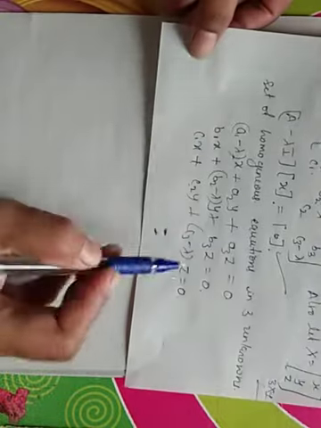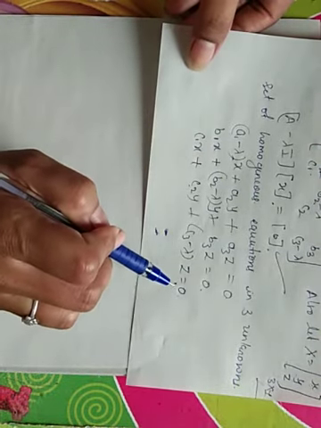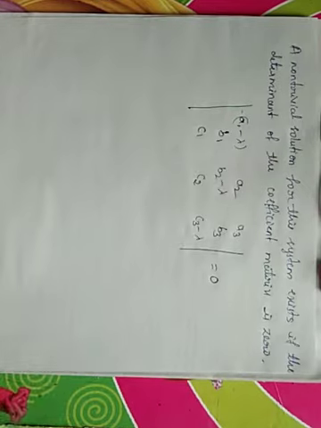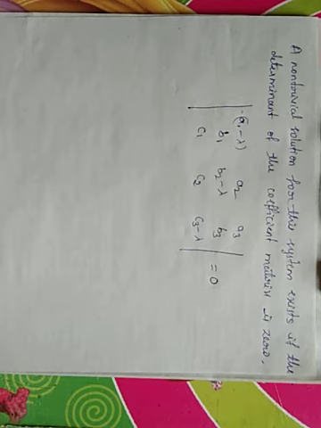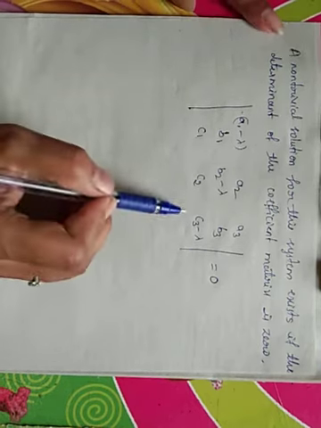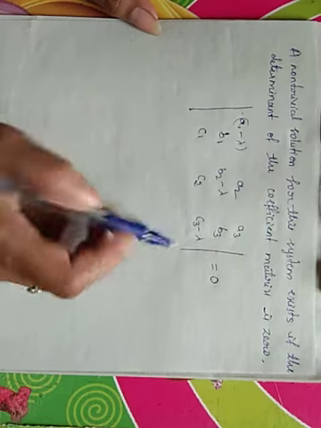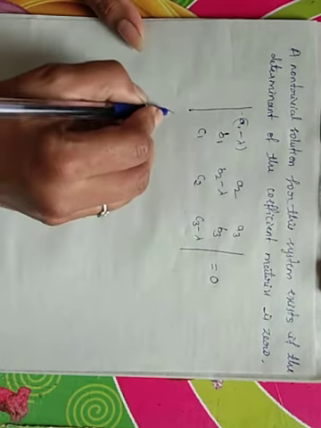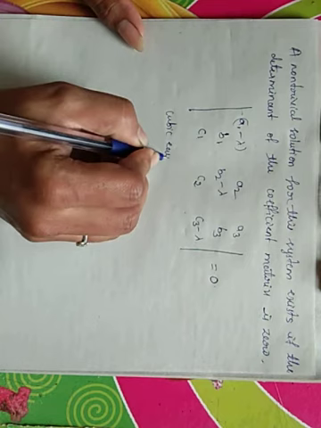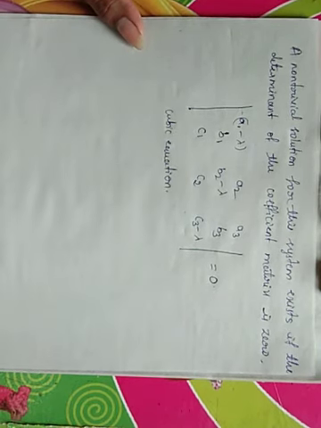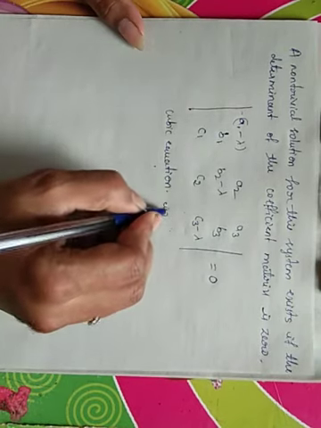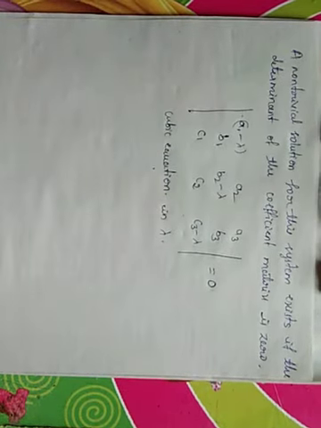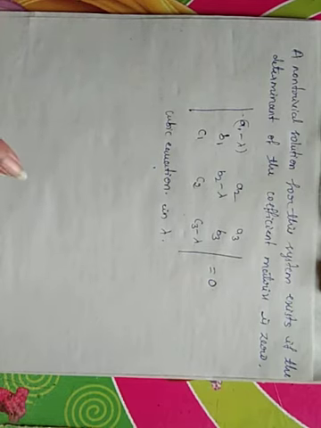For this system, a non-trivial solution exists if this determinant is equal to 0. After simplifying this determinant, we get a cubic equation in terms of lambda, which is called the characteristic equation.